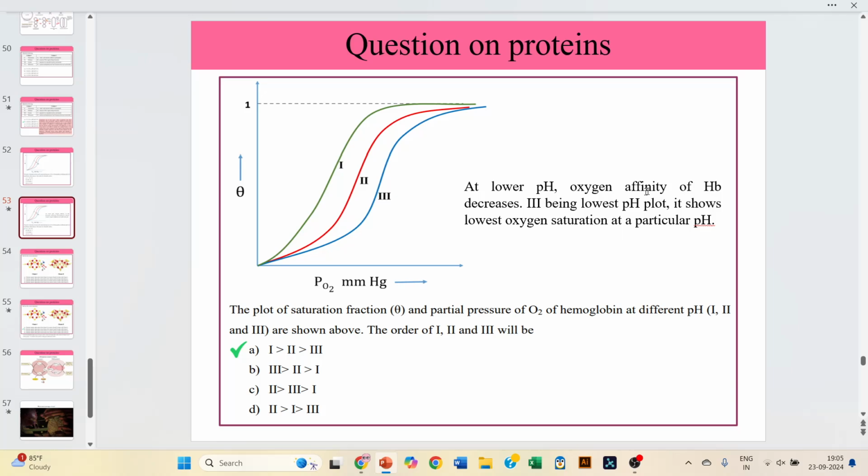So at lower pH, oxygen affinity for hemoglobin decreases, and therefore, if that is the trend, then we can say that 3 is the lowest pH in the plot, right? And it shows lowest oxygen saturation at a particular pH.